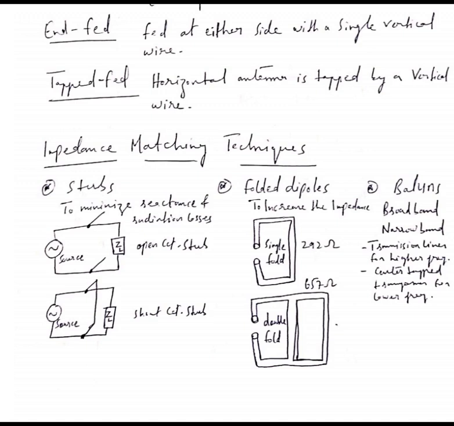A single fold provides an impedance of 292 ohms and a double fold provides an impedance of 675 ohms. This folded dipole is basically used to increase the impedance and is lesser used in impedance matching techniques.